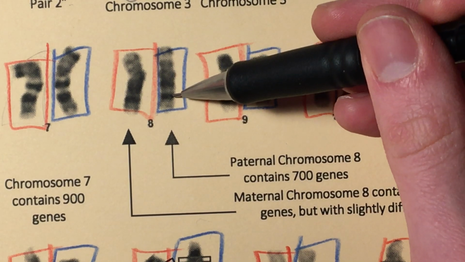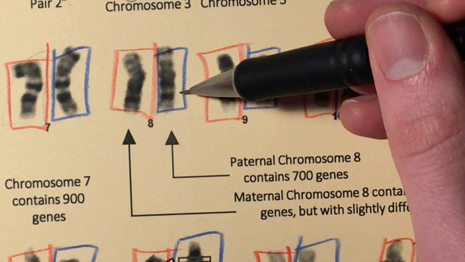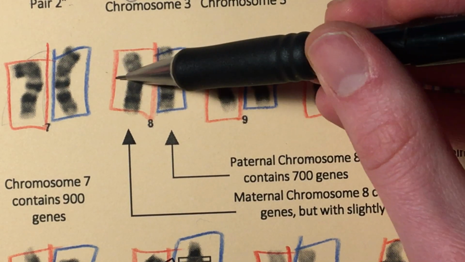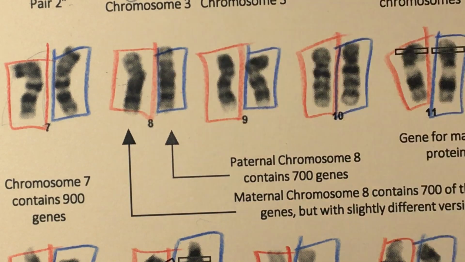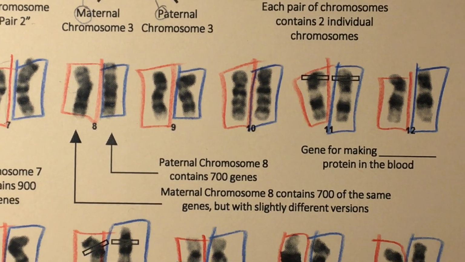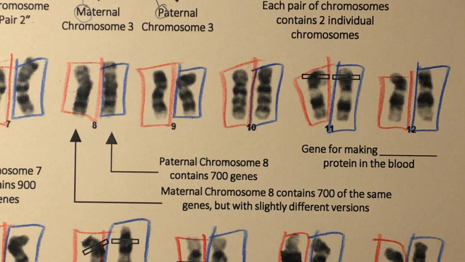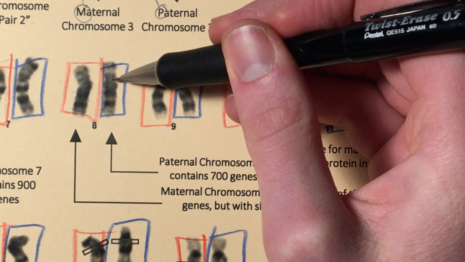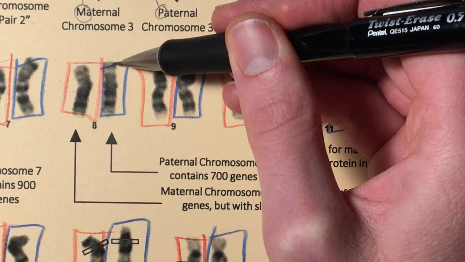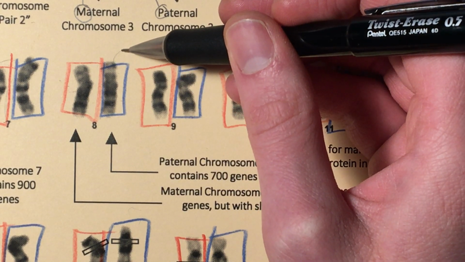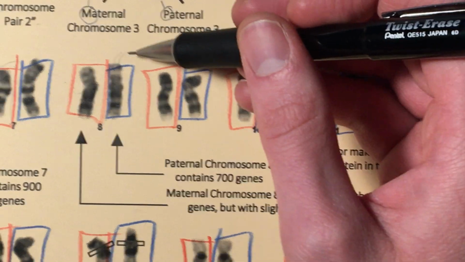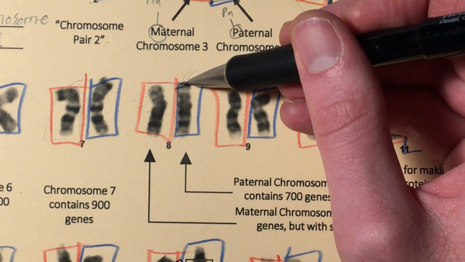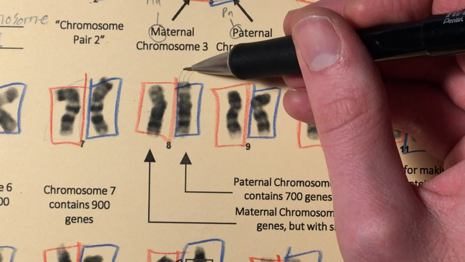So the paternal one contains 700 genes, and this one contains 700 genes as well. And here's where it's crazy. They both contain the same genes, okay? Let's say that this were a cookbook and it contained recipes for chocolate chip muffins and raisin oatmeal cookies and Black Forest cake, okay?